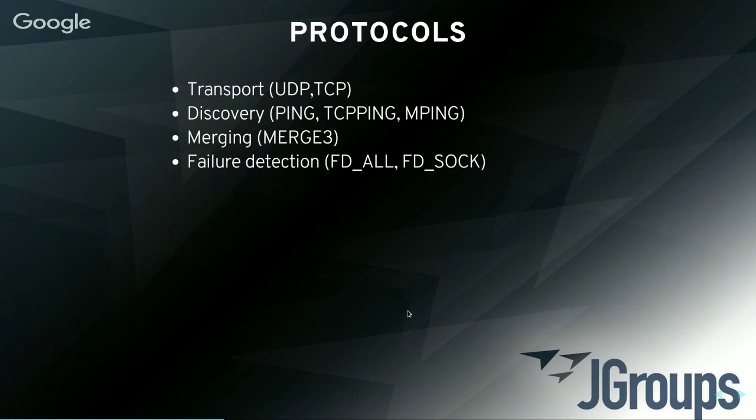You also have a group of protocols responsible for failure detection. For example, here you have FD_ALL. FD_ALL sends a multicast heartbeat and waits for a reply. But in some cases, it is a little better to use FD_SOCK, which collects all nodes into a logical ring. Imagine you have 3 nodes.